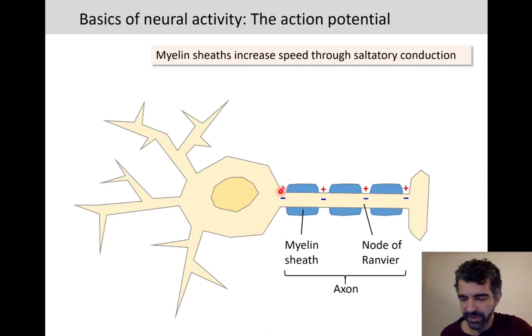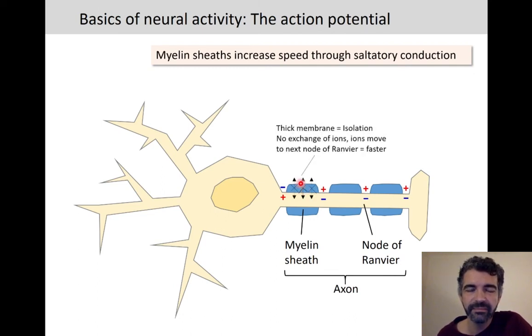imagine we have an action potential happening here. So there are some positively charged ions getting into the axon here. Now normally they would go into the neighboring directions and then maybe trigger an action potential here. But this is insulated. So here's a very thick membrane that prevents any exchange of ions.